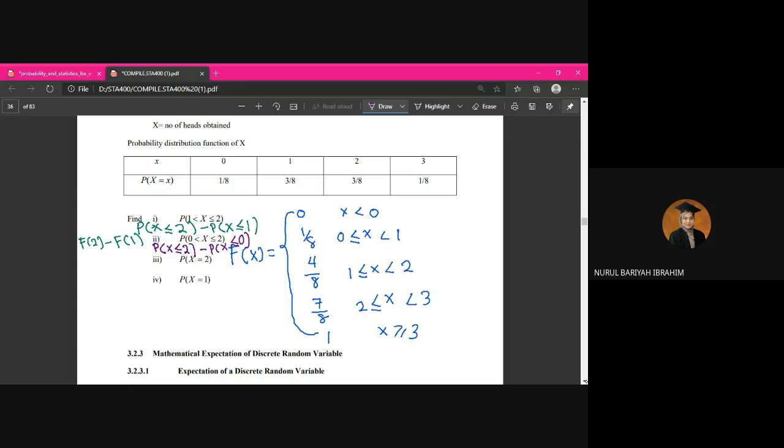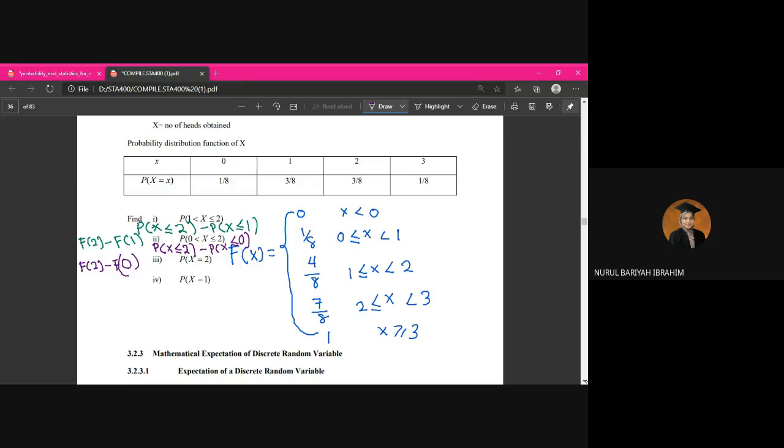So the answer will be F2 minus F0. So yang termasuk hanyalah 1 and 2 sahaja. Kalau 1 and 2 kita guna ni, nak double check, it is 6/8. F2 minus F0, 7/8 minus 1/8. So the answer is 6/8.